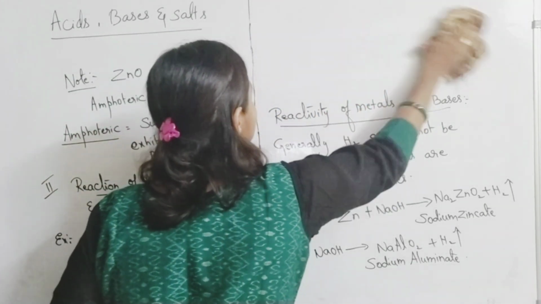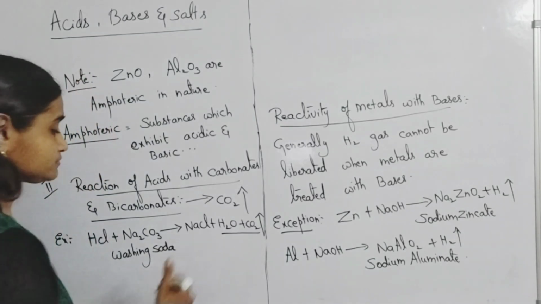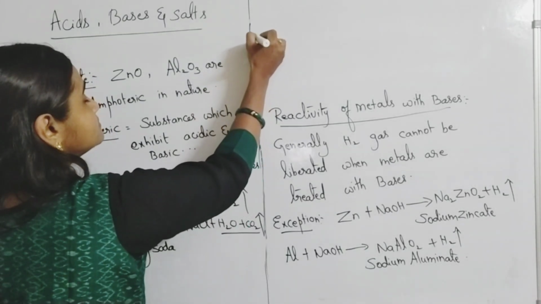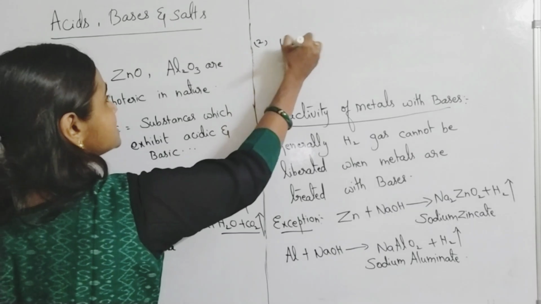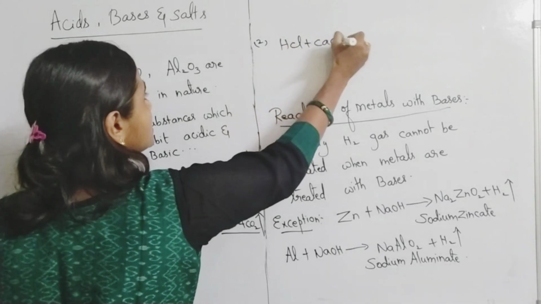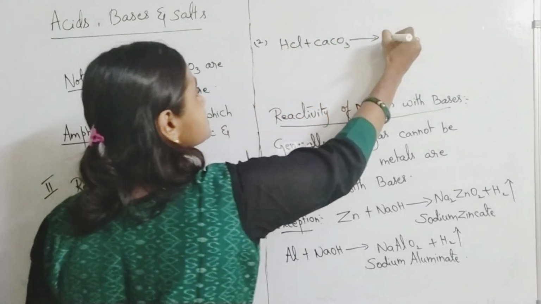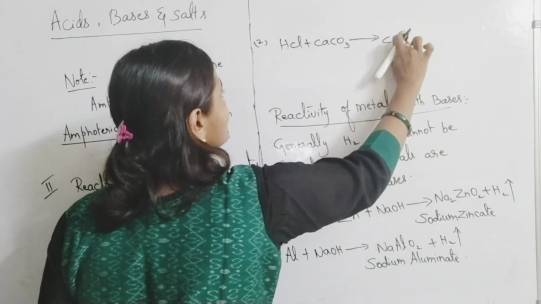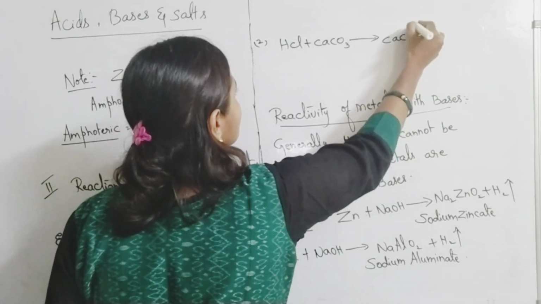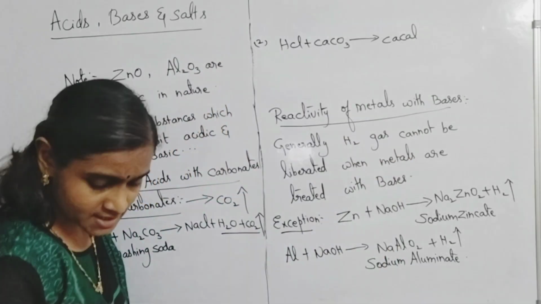You can take CaCO3, limestone. So the second example: HCl plus CaCO3 gives rise to CaCl2 plus CO2 plus H2O.